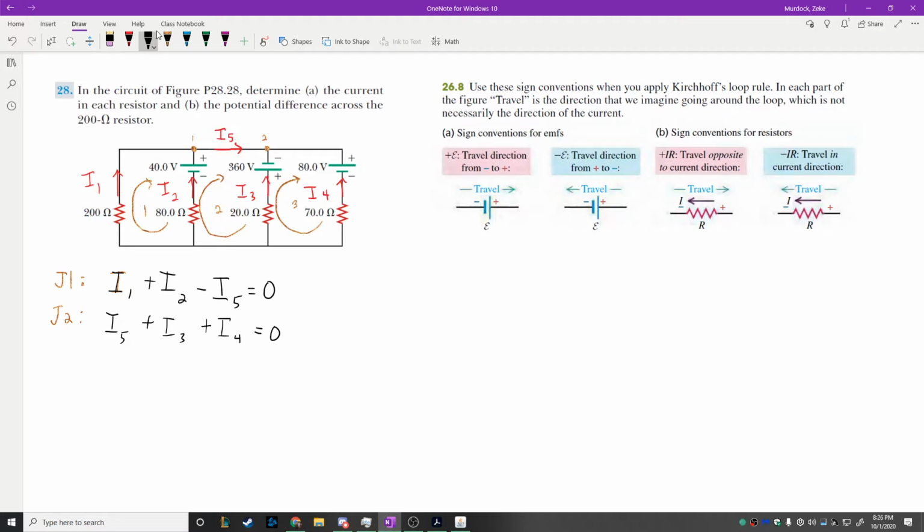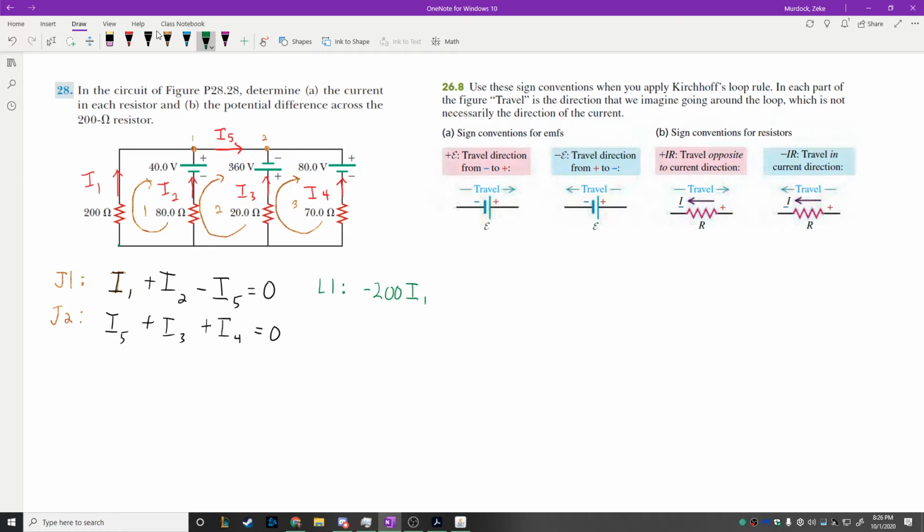Okay. All right, so for the loops, we've got three equations for those as well. So for loop 1, let's start from here. We go in the same direction as I1, so I'm going to have negative 200 I1.